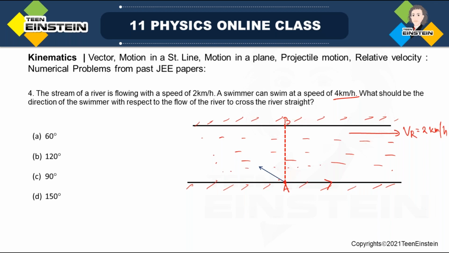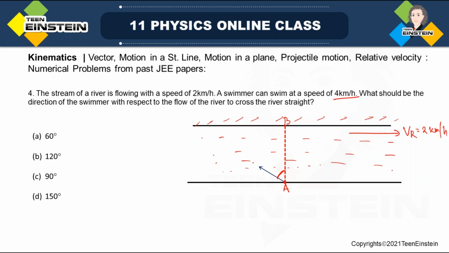Let us see now. I'm just taking an arbitrary angle for the swimmer to start with, so that it can reach directly or straightway up to this point B. So I'm just taking theta angle, making theta angle with the direction perpendicular to the velocity of the river water.